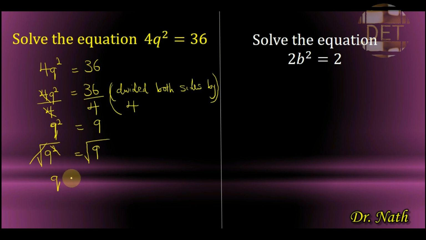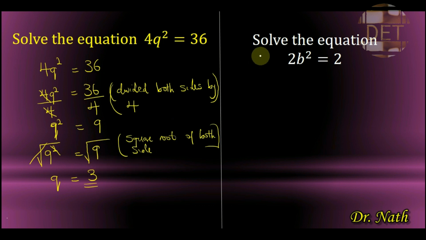So my q will now be equal to the square root of 9, which is 3. What I did here is that I looked for the square root of both sides. So my answer is equal to 3.